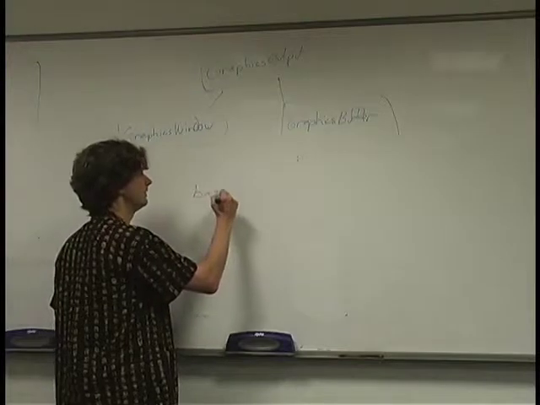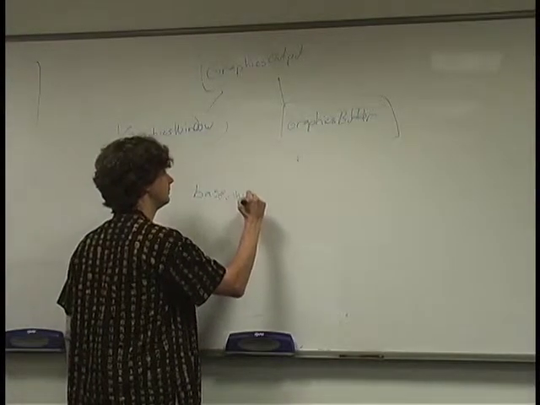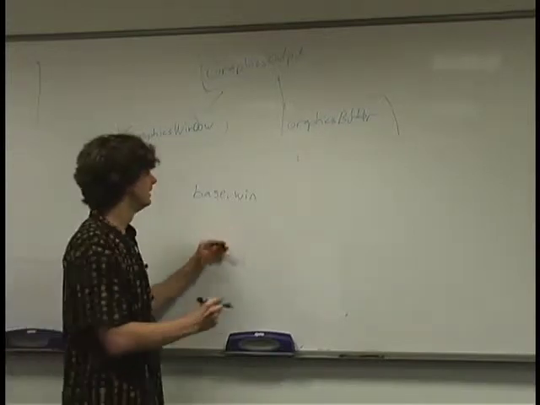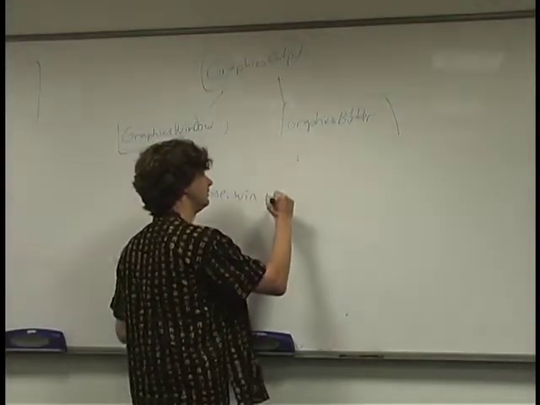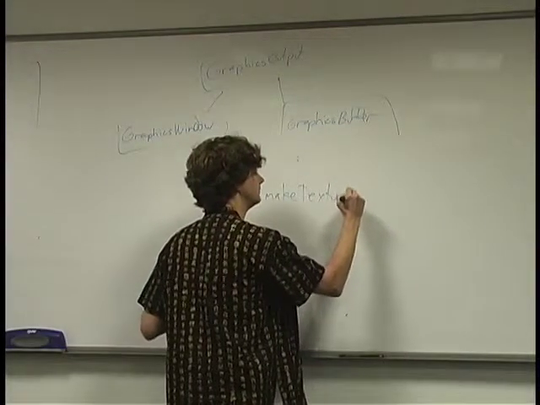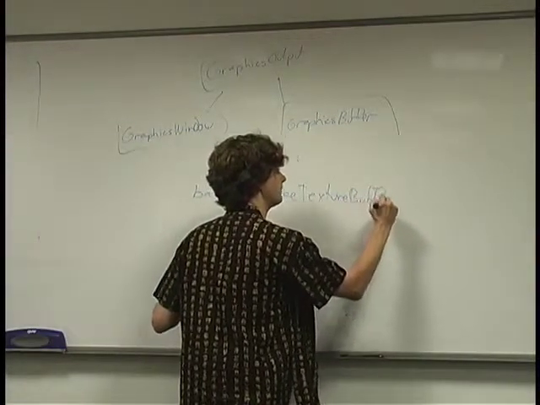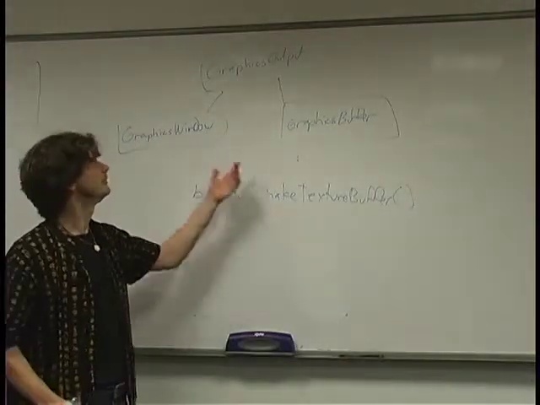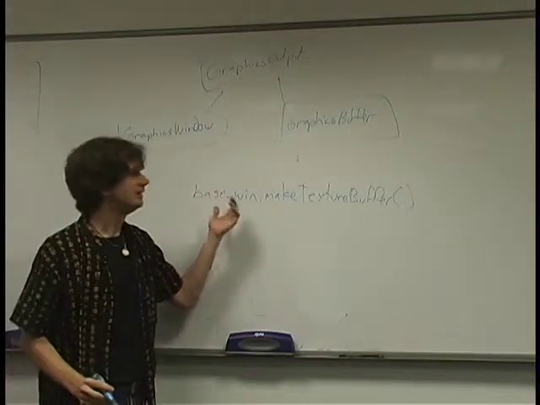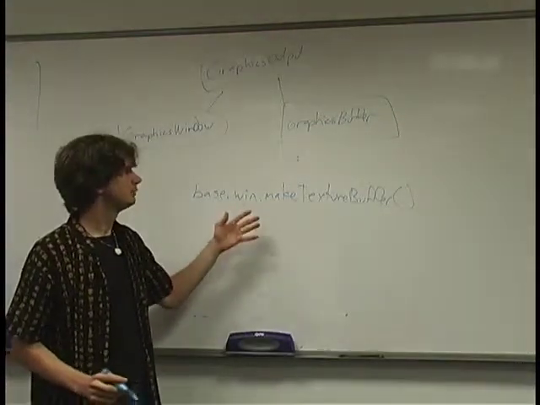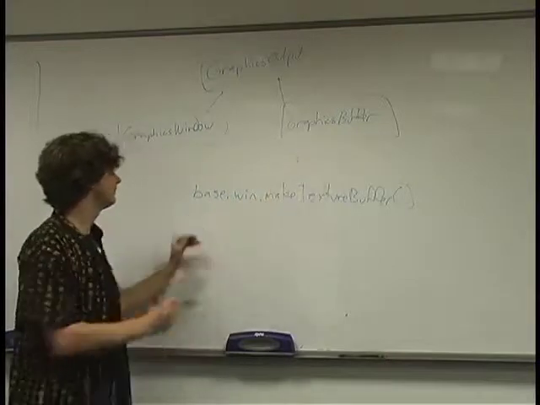The easiest way to get a graphics buffer into a texture is to take your graphics window object, which, for instance, suppose it's base.win, which is the default graphics window object, of course, and you call make texture buffer. Make texture buffer is actually just a thin wrapper around GraphicsEngine.makeOutput, but it passes in the appropriate parameters to graphics output to create you a graphics buffer, and it returns that.